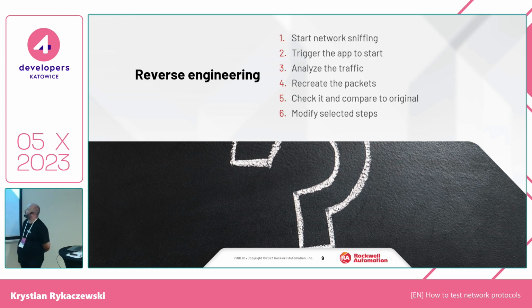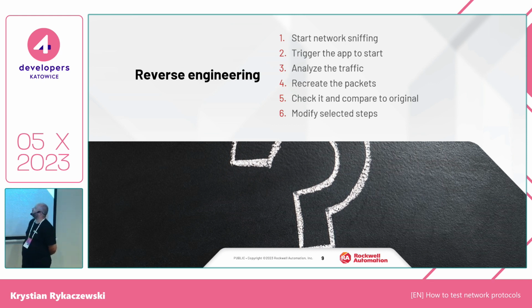Two tools. Oh, before this, reverse engineering. So 6 points, not too much. You will see that sometimes it's very simple. We have to start network sniffing, trigger the application to work, just establish a connection, record the traffic, look at the layers, see the data, what is changing. Maybe there are some fields which are just the length of the data which we want to send.